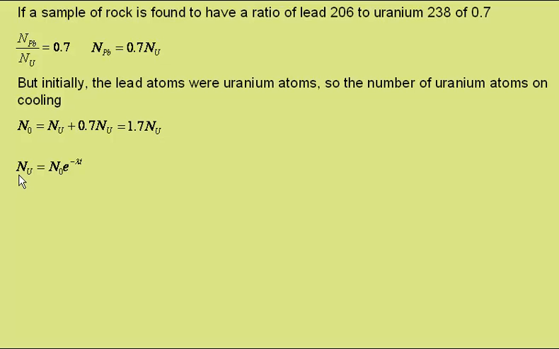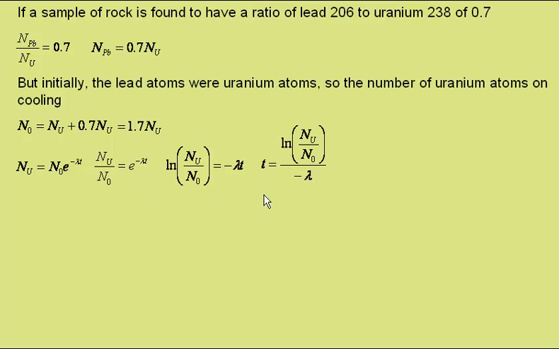But we also know that the number now is equal to the number at the start times e^(-λt). Rearranging to this, and then taking natural logs of both sides removes the exponential function. Now we can rearrange to give t giving this expression.